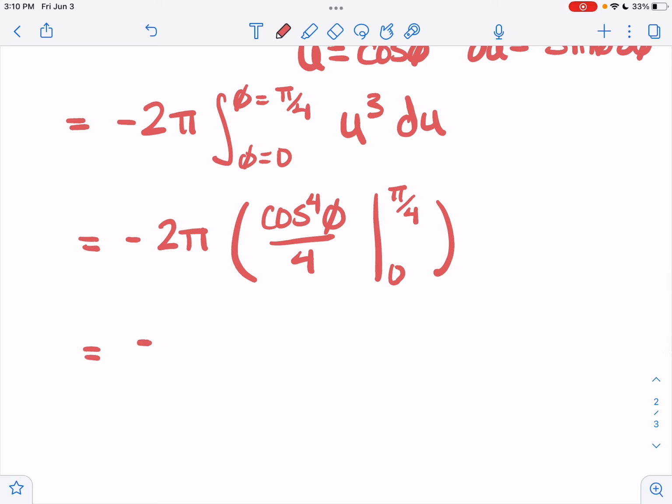And let's see, that's a minus 2 pi over 12.